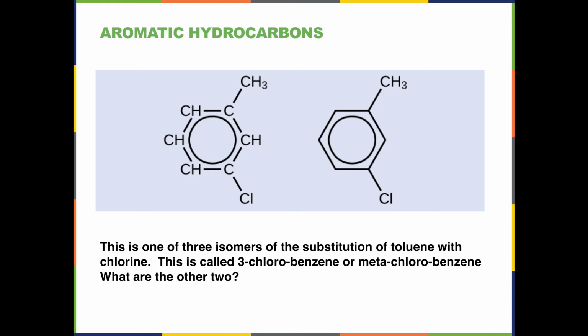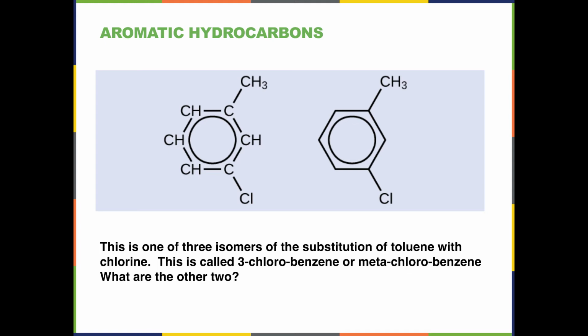Now you see here you have one of 3 isomers where you substitute a chlorine on toluene, and this is called 3-chlorobenzene or metachlorobenzene. Now the other 2, it says what are the other 2?